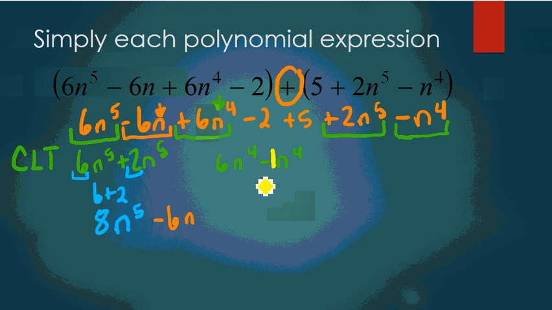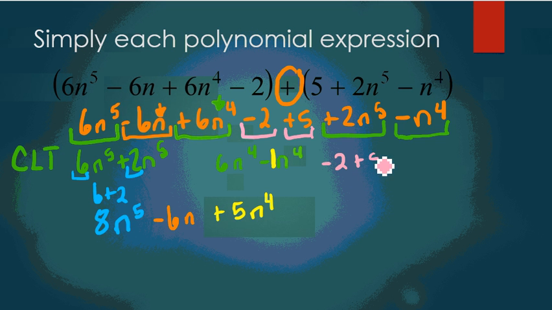So you have 6 minus 1, which is 5, and it's a positive 5n to the 4th. And now we look at our last two numbers, which is negative 2 plus 5. And those are indeed like terms. So we can combine them. Negative 2 plus 5 is a positive 3. So plus 3. And now we're going to write it in standard form.